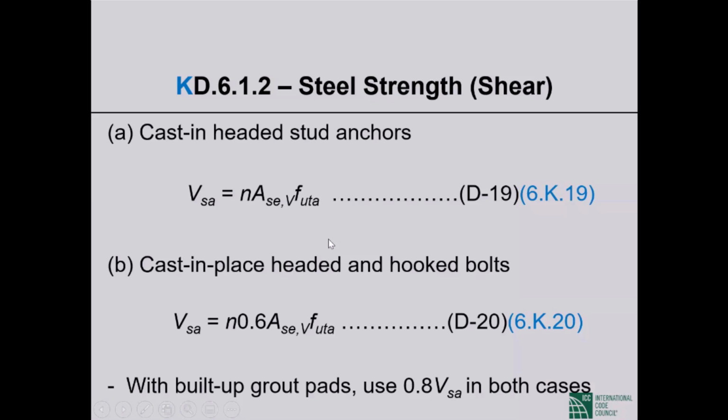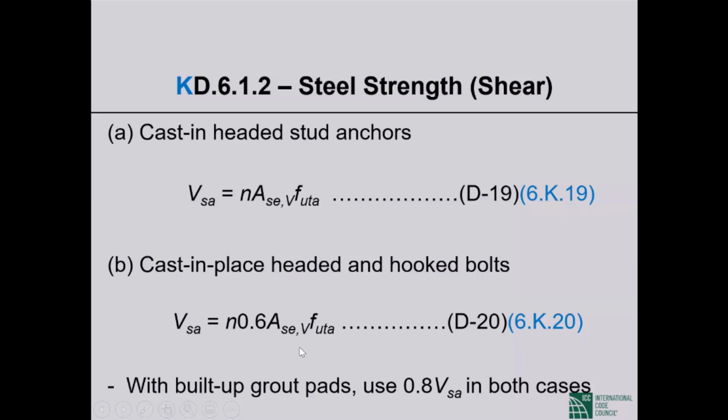Everything else, cast-in-place headed bolts, hooked bolts, we have 60% of F sub UTA multiplying the number of anchors and the effective area of an anchor in shear. Okay? 60% reduction.